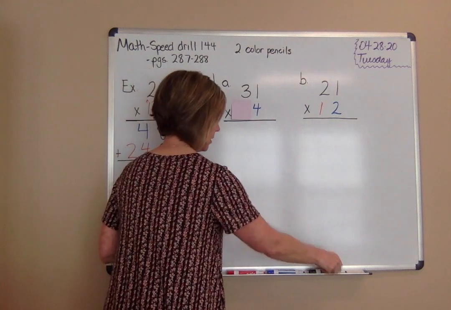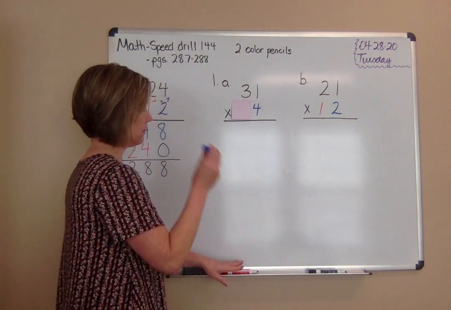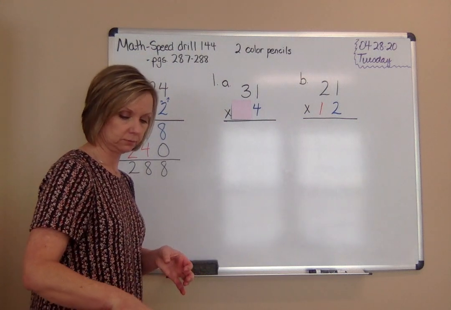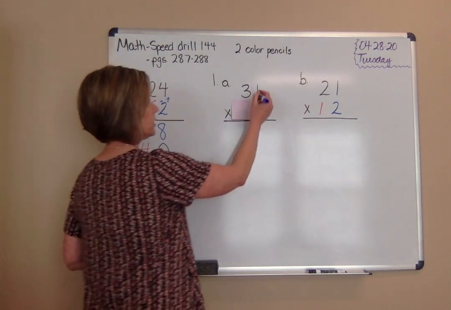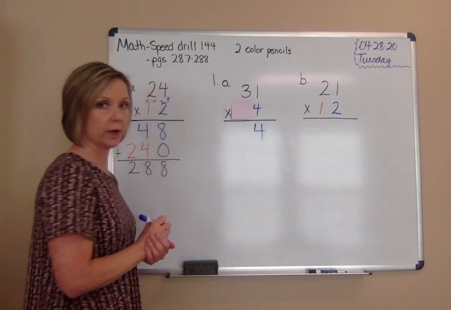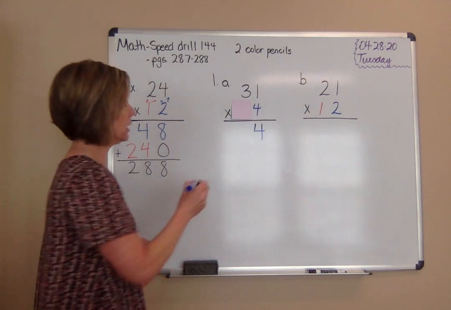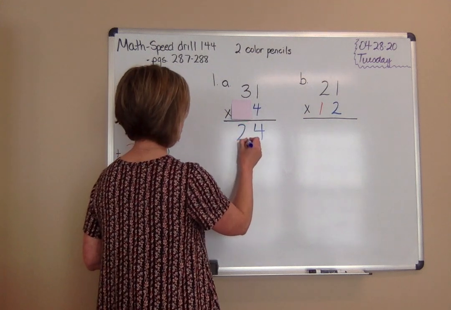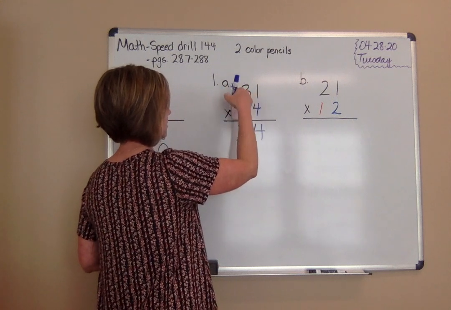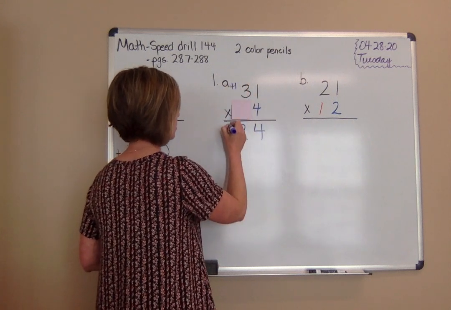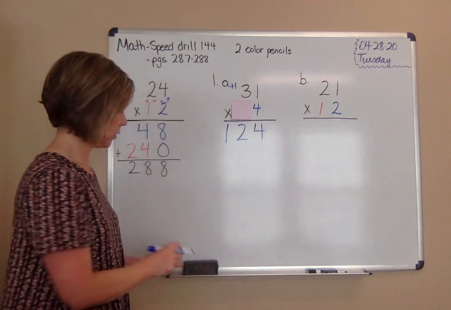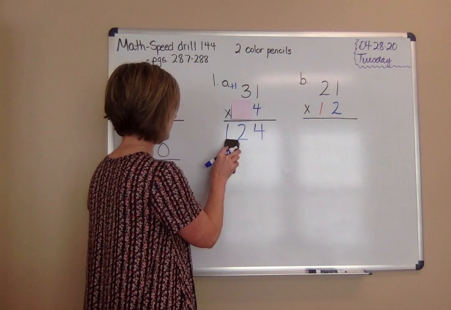I'm going to start with my 4. 4 times 1 equals 4. 4 times 3 equals 12. Now, you have two choices here. You can put the 2 down and carry the 1. 4 times 0 is 0 plus 1 equals 1. Or you can write the 1 under there and have 124. Whichever you want to do is fine.